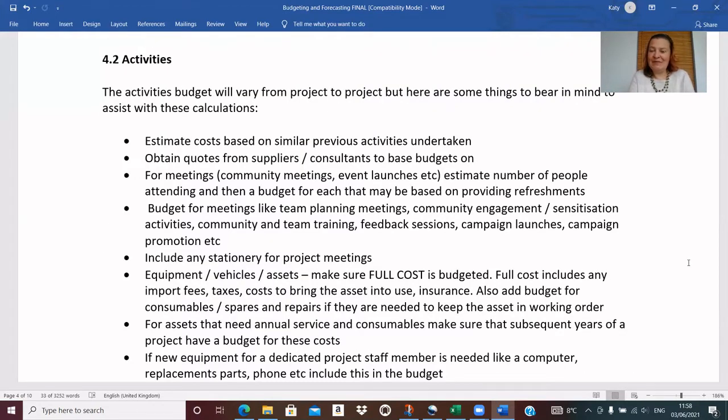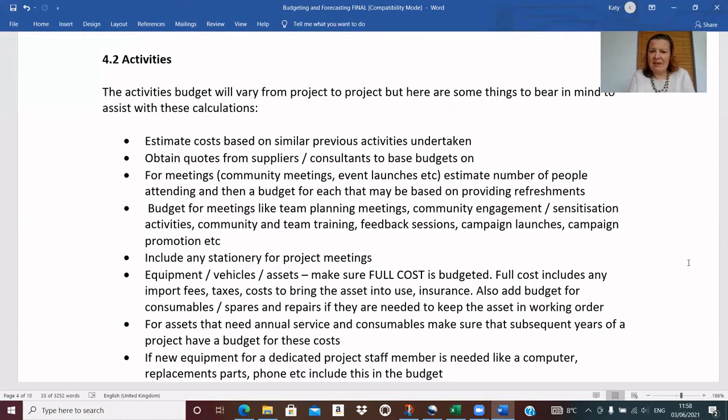Activities, of course, will vary hugely from project to project, depending on our objectives. But these are just some general tips on how to go about calculating activity costs. We can always estimate our costs on previous activities. We should obtain quotes from suppliers and consultants.